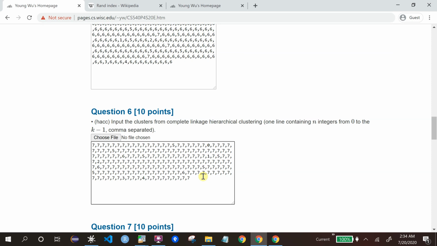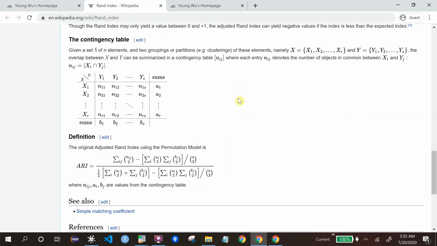And the way I measure this is something called the rand index. And if you're interested in this, you can take a look at the Wikipedia page. So the one I use is the adjusted rand index. So it basically measures how close two clusterings are. So it takes care of the fact that we are labeling the clusters differently.